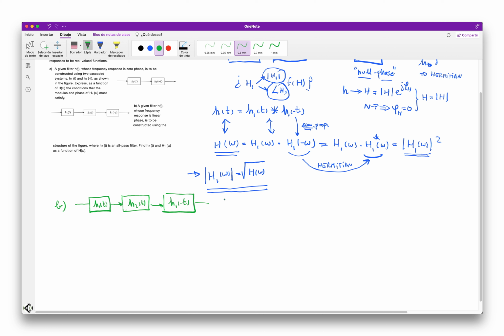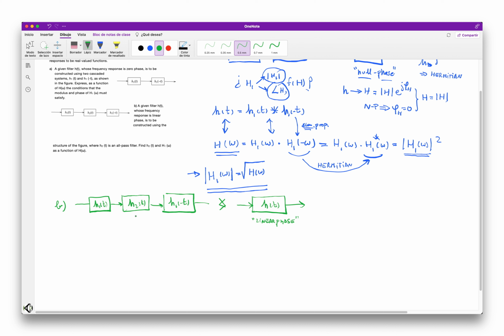And they tell us that in this case, what we need to achieve is a single system, a single frequency or impulse response that they call h of t. And now this h of t has to be of type linear phase. So in this case, it's not null phase, but linear phase, which we will see what it means.